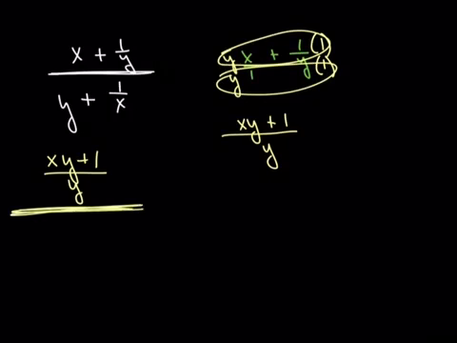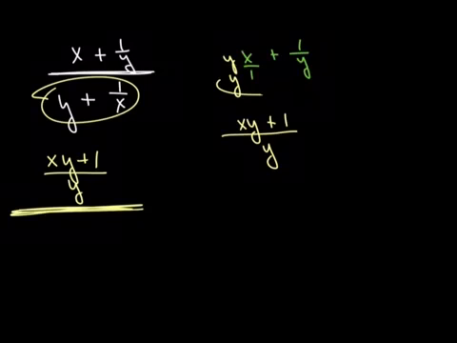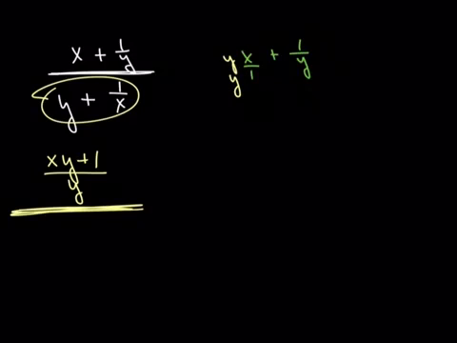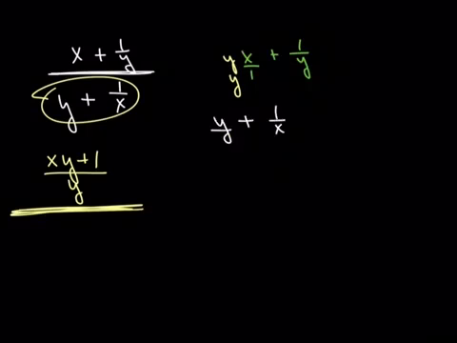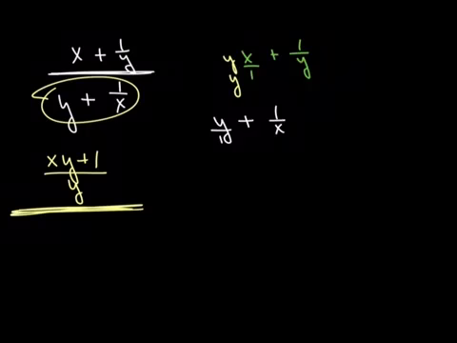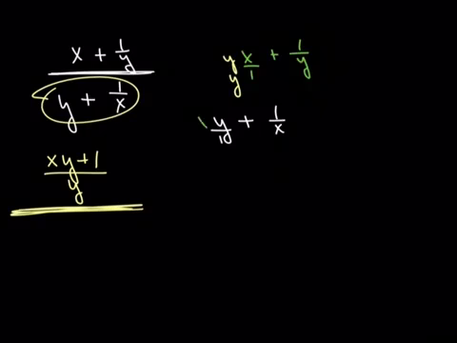Now let's work on this bottom here. On the bottom, I have y plus 1 over x. Okay, so y over 1. So what am I missing over here that I have here? An x. So an x on top, an x on bottom. What do I have over here that I don't have here?